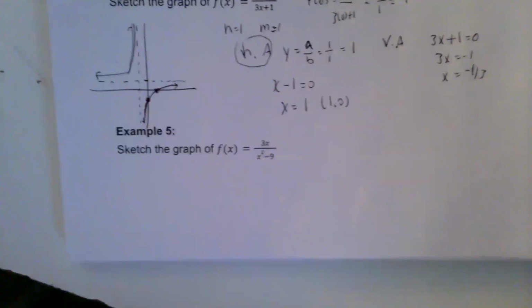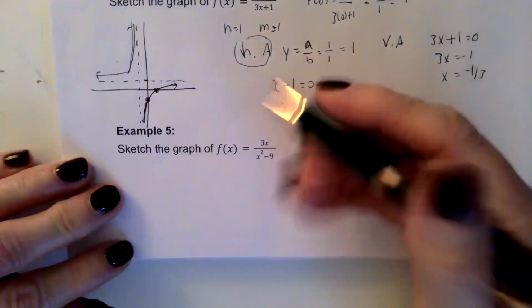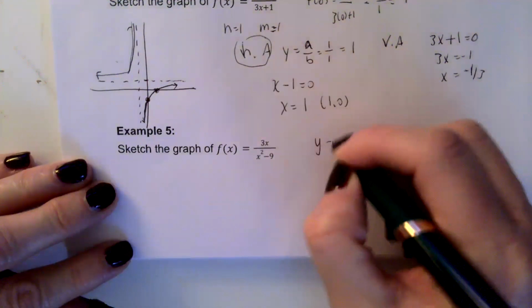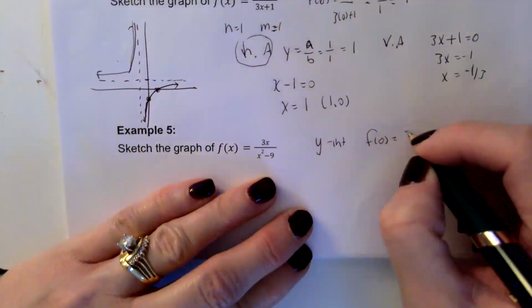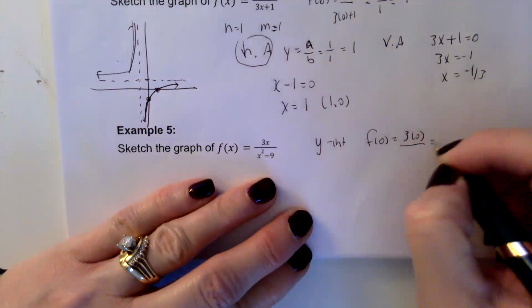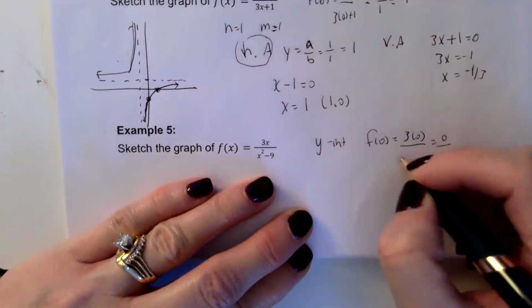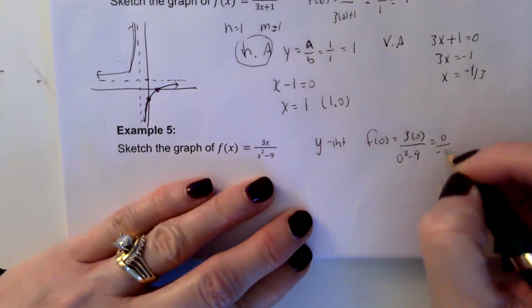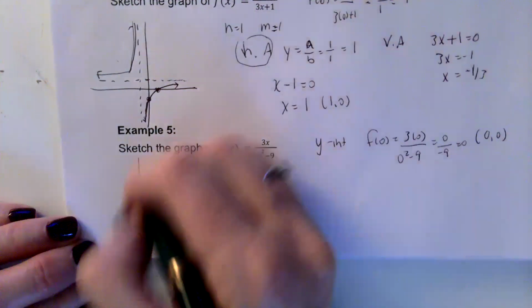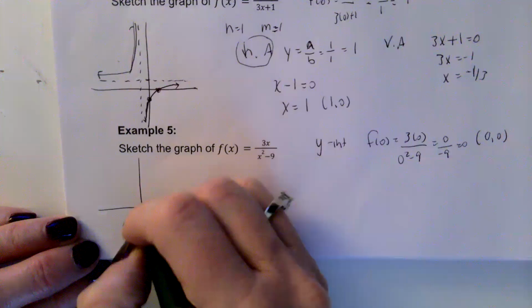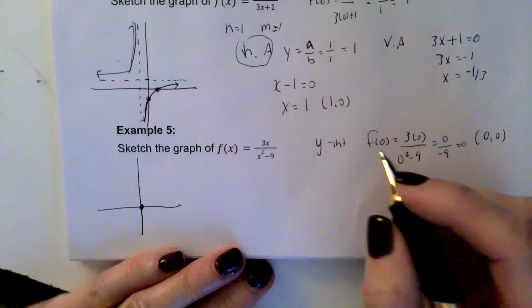Okay, what about example 5? Let's sketch this graph. Okay, so we're going to again find our y-intercept, which is f of 0. So that's 3 times 0 is 0 over 0 squared minus 9, which is minus 9. So it's at 0. So (0, 0). We have a point there. Okay.